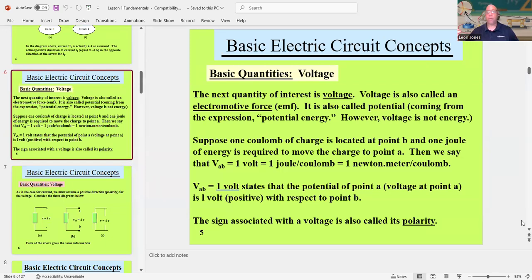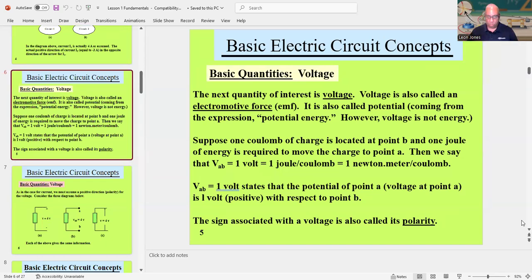Now, if you're not familiar with potential energy: when something is kinetic, it's energy in motion. When something is potential, it's actually energy stored, and there are equations for potential and kinetic energy.